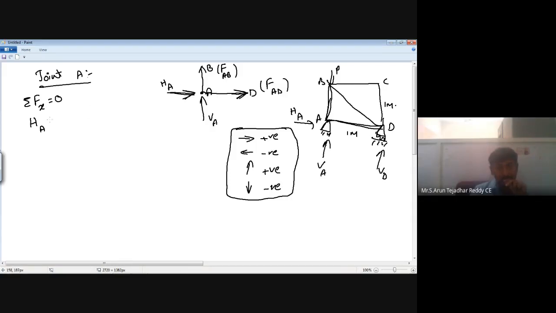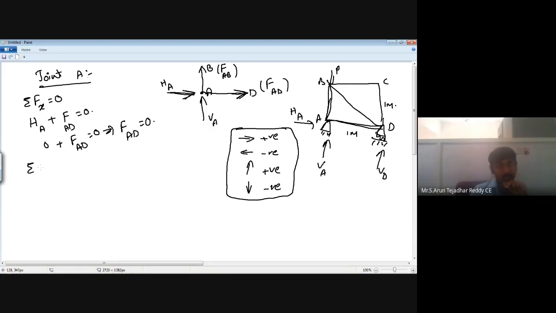HA plus FAD is equal to 0. Already we know that HA value, HA is 0. So 0 plus FAD is equal to 0. Then FAD is equal to 0.